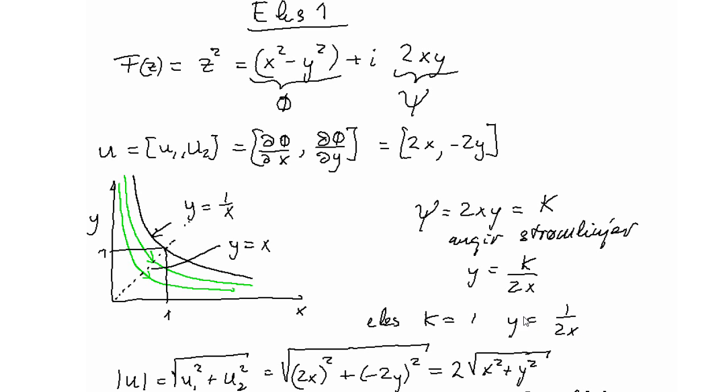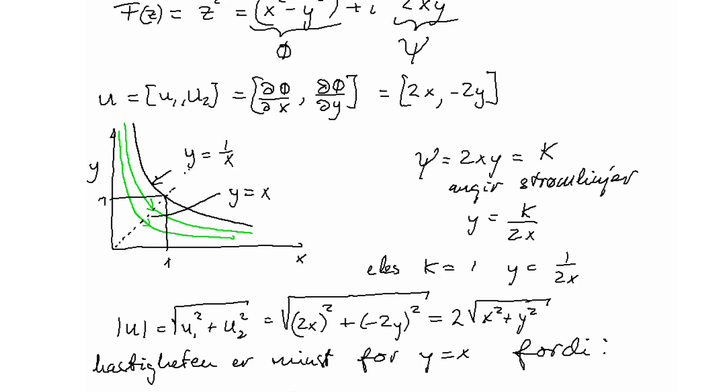It's possible to see that the velocity along such a streamline has a maximum value on this line when x is equal to y. And let us see the reason for this.